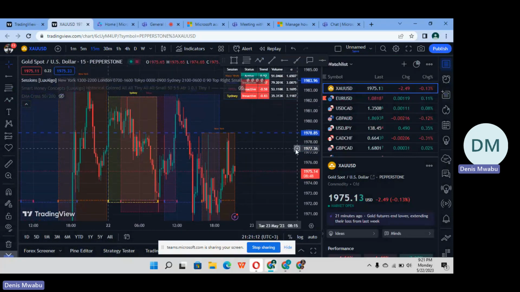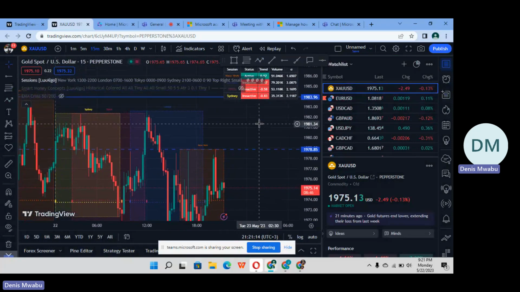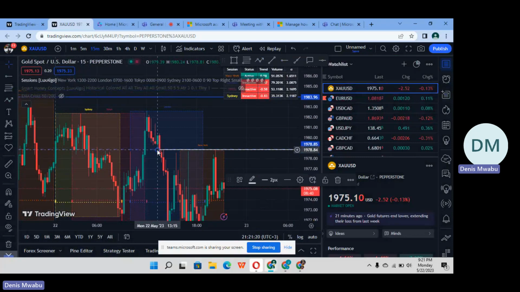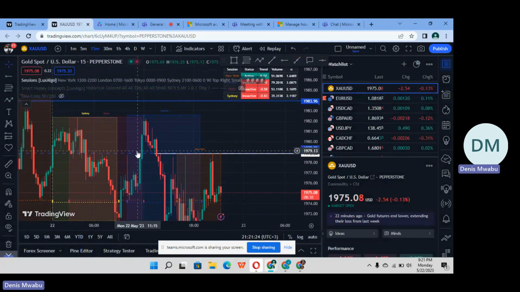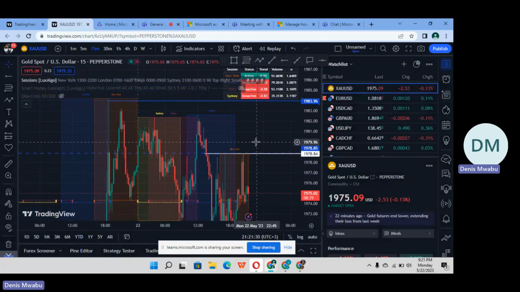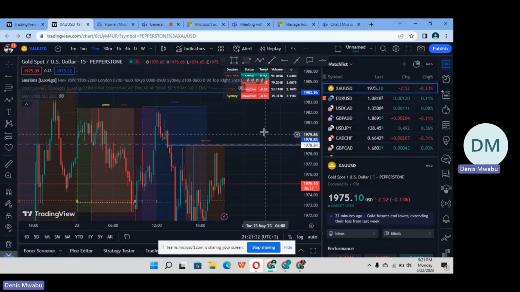So I'll look at supply zones that are in confluence with my blue lines. My first supply zone was here, which was in confluence with the M15 and with the previous day high that was actually broken.